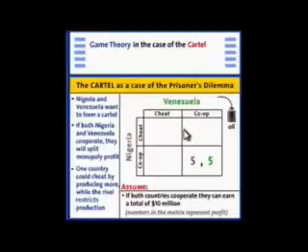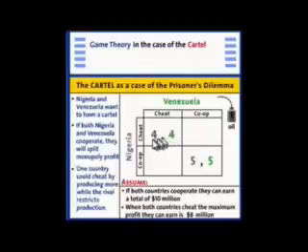Now, here is the interesting part, the part where we deal with temptation. Let's suppose that Venezuela is cooperating with the agreement and restricting its oil sales so as to help keep the price high. What if, in this case, Nigeria were to cheat? Venezuela is cooperating, but Nigeria increases its oil sales. If that happens, Nigeria takes advantage of Venezuela's restraint and the higher price and sees this as an opportunity to make a lot of money by selling a lot of oil at the higher price.